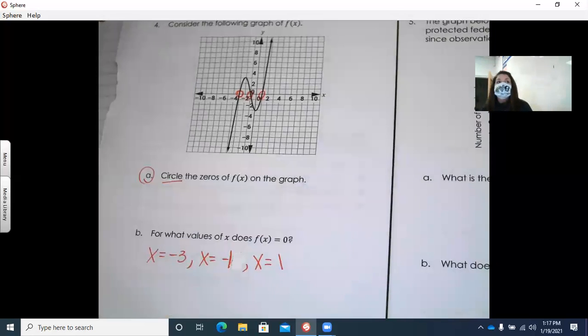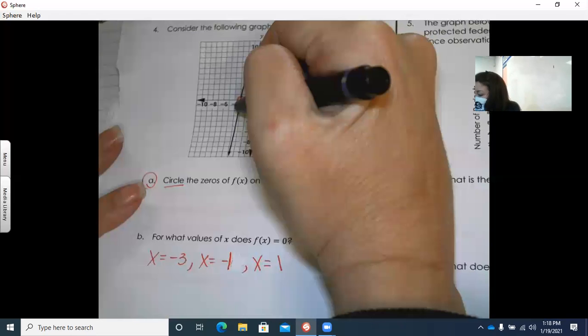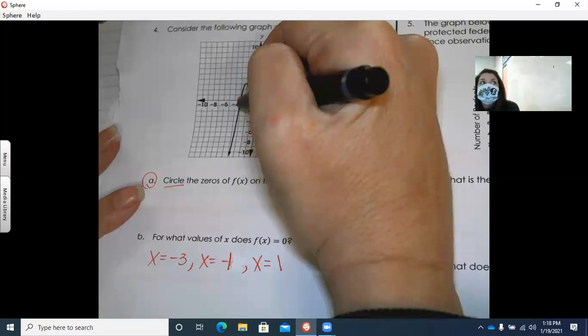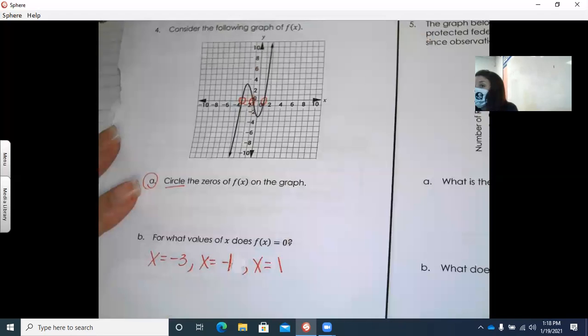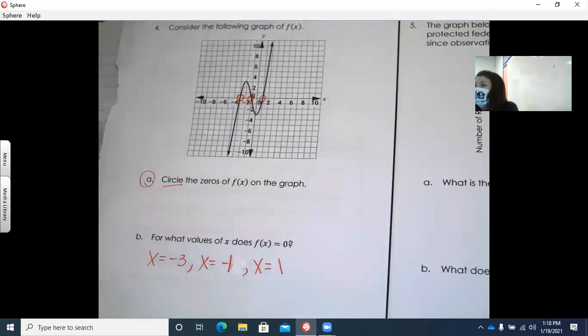All right, I'm going to point out something super important here. It's super important, so you might want to wait. If you have a zero, a solution, a root, and the graph crosses over the x-axis at that zero, that means that number has a multiplicity of an odd number.